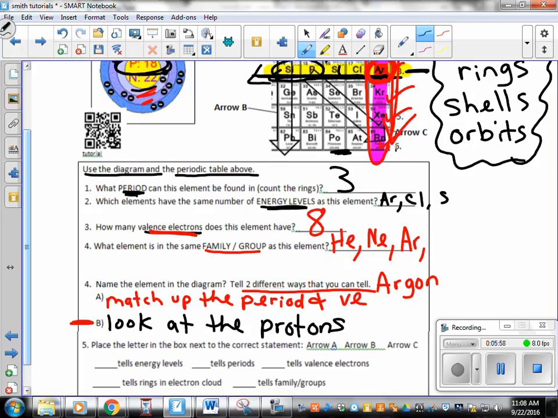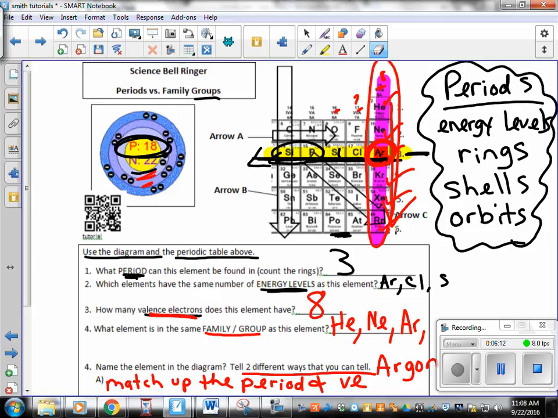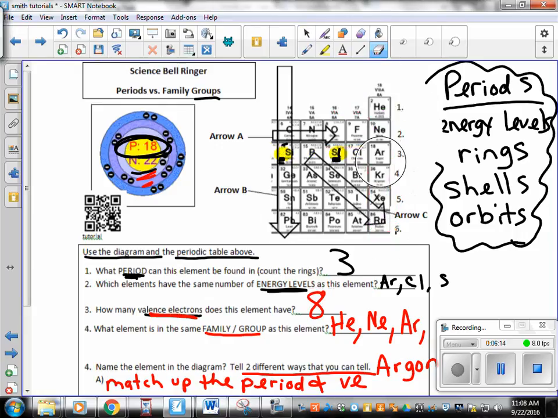Okay. Then number 5, place a letter in the box next to the correct statement. So I'm going to place an A for arrow A, a B for arrow B, a C for arrow C. Okay. Let me get rid of some of this scribbling. Okay. So I have arrow A is going across that way.